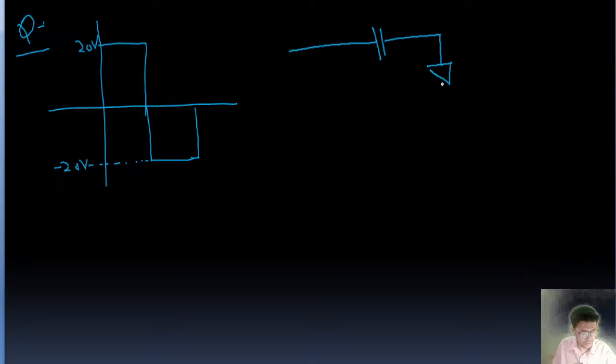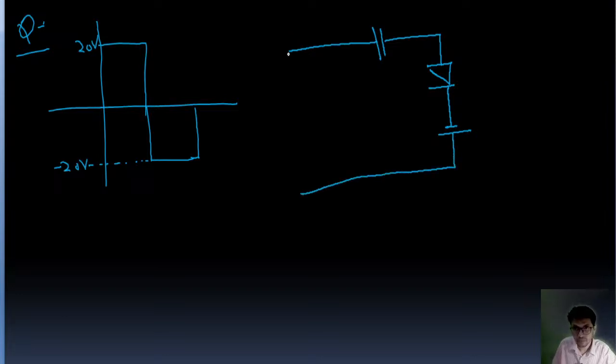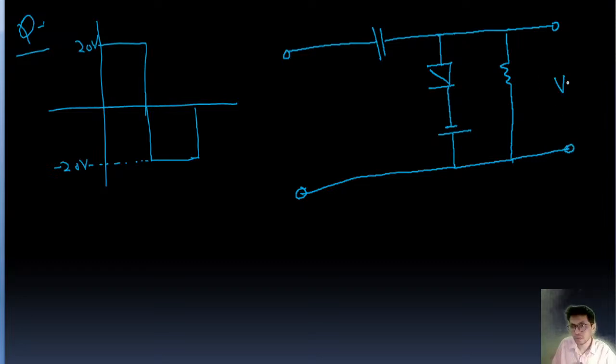This is the diode. Okay, and then this one is V0. So this is the clamper.